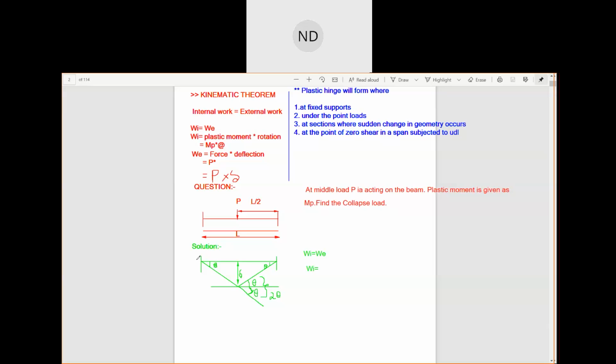This is fixed here, so there is a plastic hinge here, one here, and one below the load, under the load. So there are three plastic hinges.